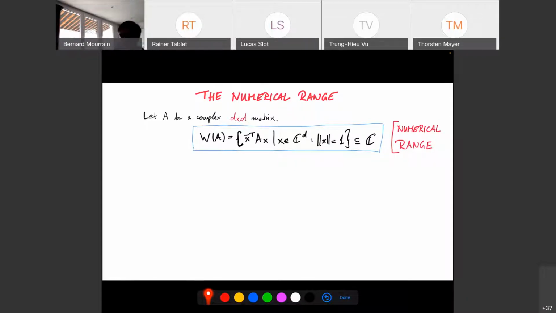So suppose you have a d by d complex matrix A. Then I just define this set. This is the numerical range.